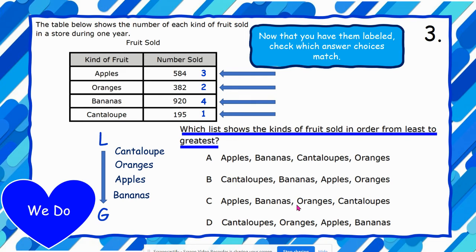See which one matches. So we're looking for cantaloupe, oranges, apples, bananas. Look at each answer choice. Cantaloupe, oranges, apples, bananas. D is your answer choice.